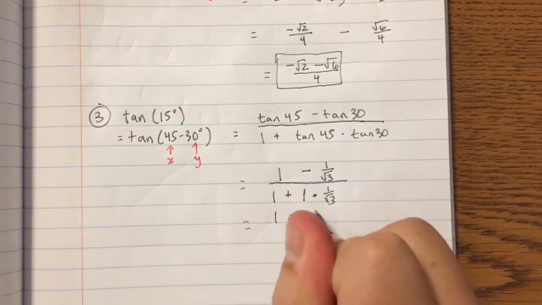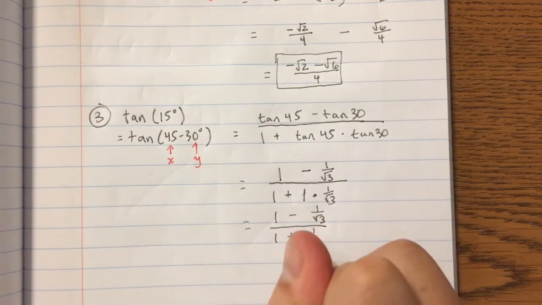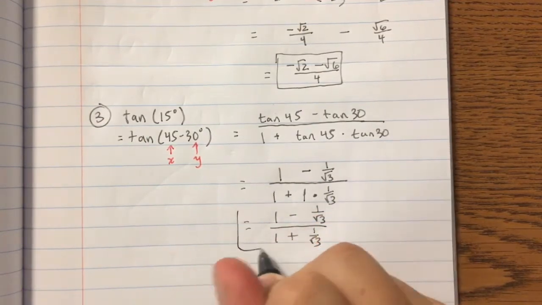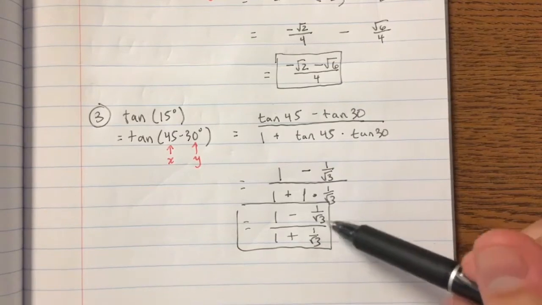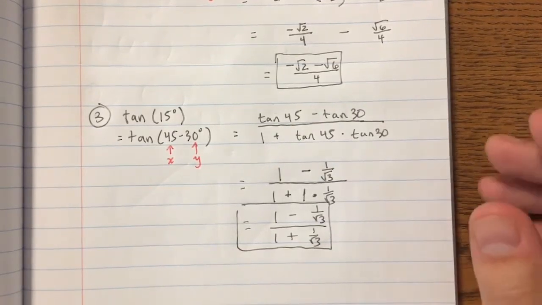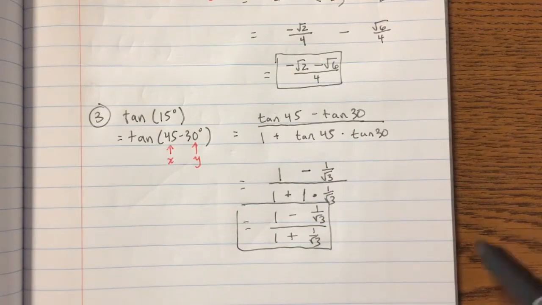So I have 1 minus 1 over root 3 over 1 plus 1 over root 3. And that answer is just fine. You could rationalize this and rewrite this as like root 3 over 3. You could find a common denominator. There's a lot of ways you could go further with this. You don't need to, though. This is good enough.